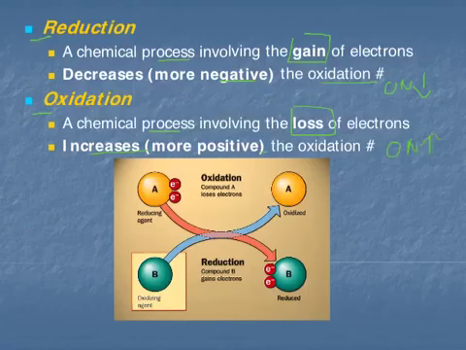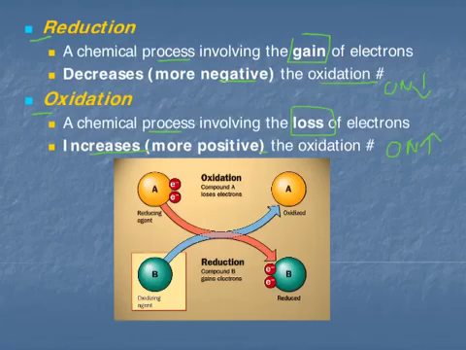Now, oxidation and reduction reactions always are paired together. You cannot have one reaction happening by itself, because if you, let's say, gain electrons, you have to have a source of that electron, and the source of that electron is the oxidation reaction. So oxidation reactions and reduction reactions are always paired.